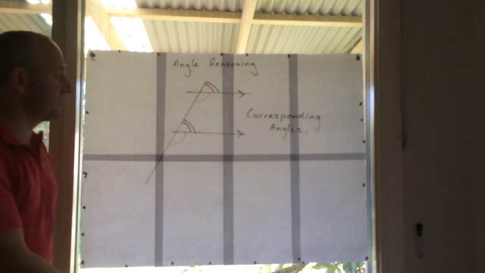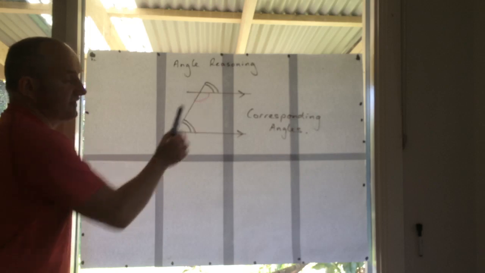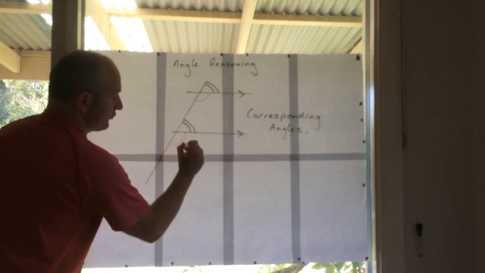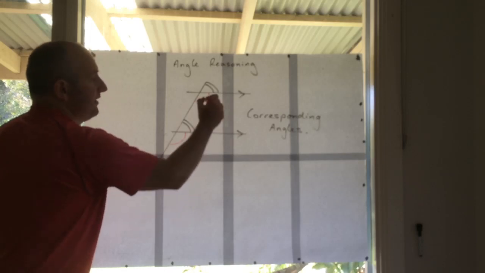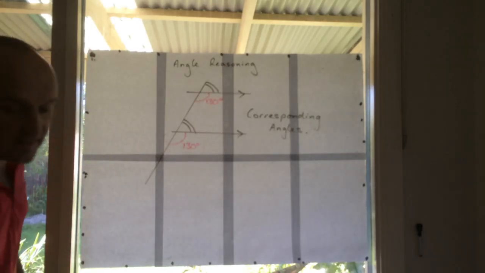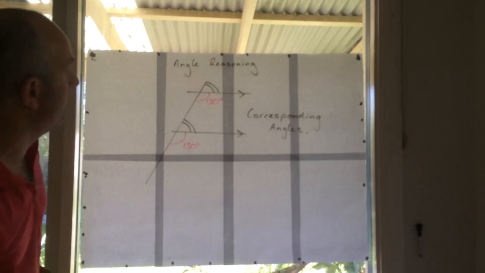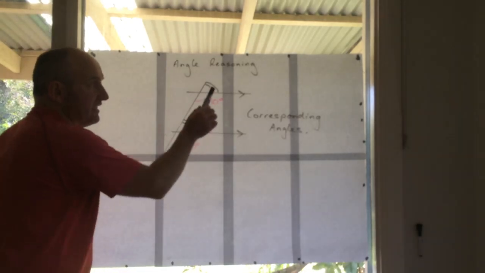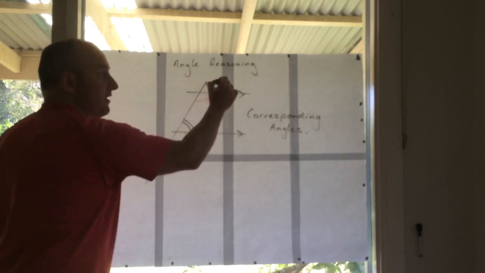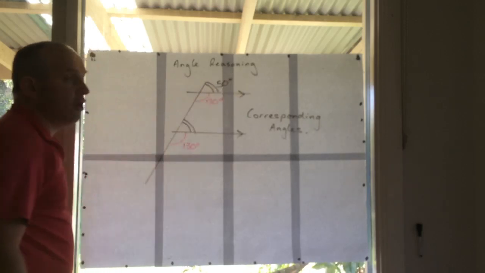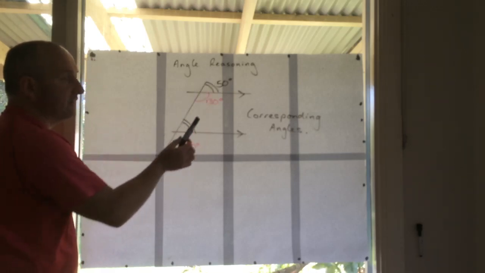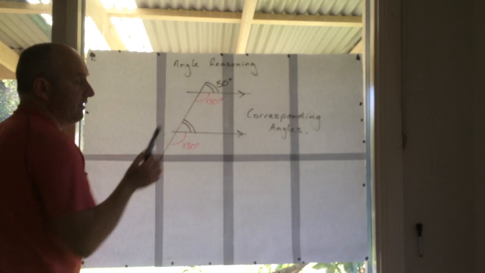Okay, corresponding angles are the same. So that means if this here is 130 degrees, this here is also 130 degrees. They're the same. Likewise, if this is 130, that has to be 50 degrees, because these two angles add up to 180 and they are supplementary.